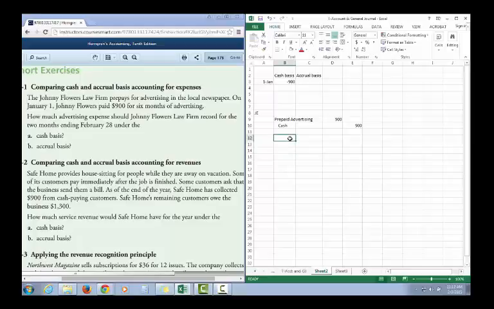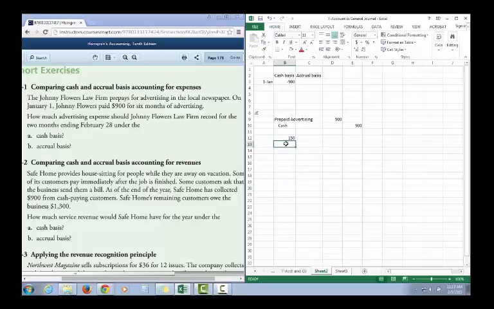So let's take 900 divided by 6, and see what our monthly rate is for our advertising. We're going to use $150 in advertising expense each month, okay?